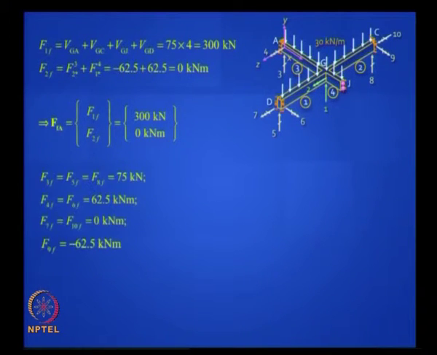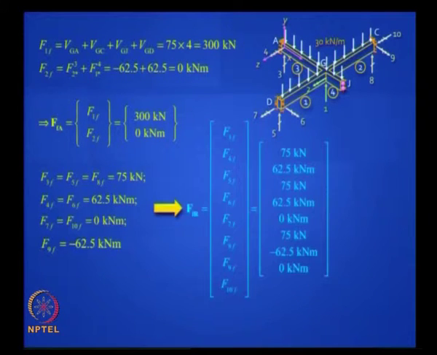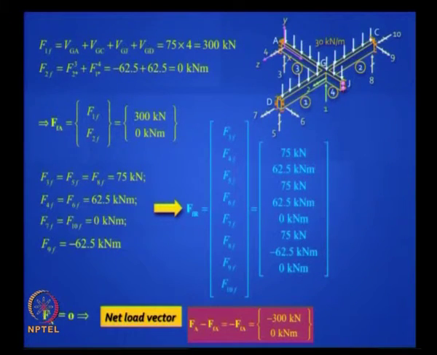Similarly, you can get the fixed end force vectors at the restraint coordinates, it is easy to compute. Just pick up those values from your fixed end forces. So you are ready with this. You can find your resultant net load force vector. There is no concentrated load given in the original problem, it is only uniformly distributed load. So you have got your net force vector exactly as we have done in earlier problems, Fa minus FFA. Fa is a null vector, FFA we have already computed.